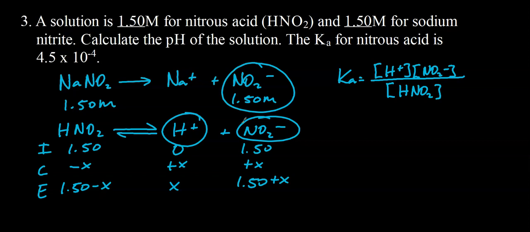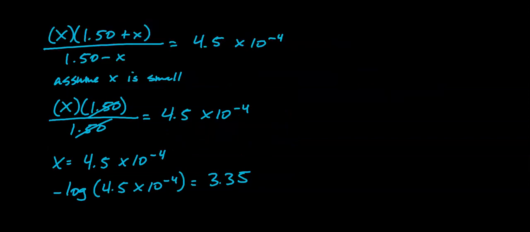Push it left or right? Equilibrium is going to shift to the left. If the equilibrium shifts to the left, the concentration of H+ is going to go down. And if the concentration of H+ goes down, pH goes up. So we end up with a solution that has a pH of 3.35.